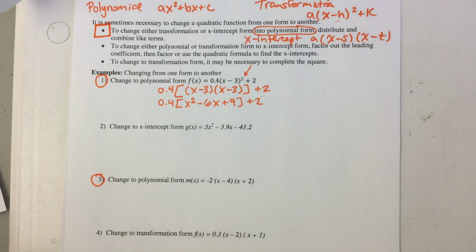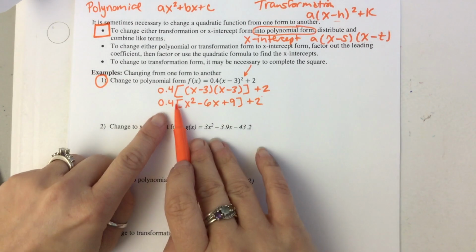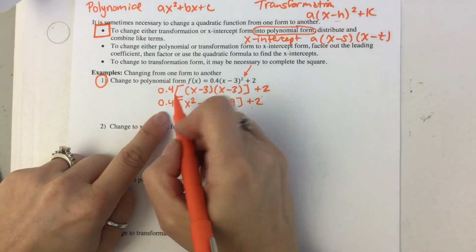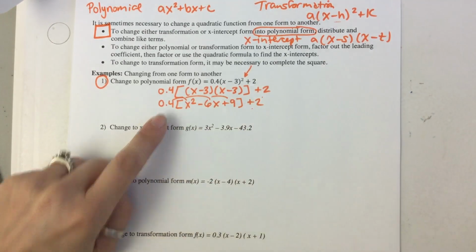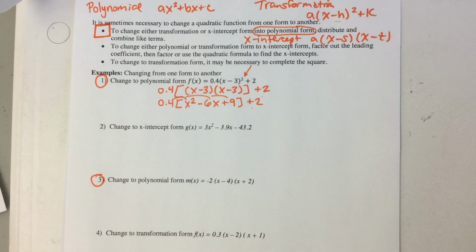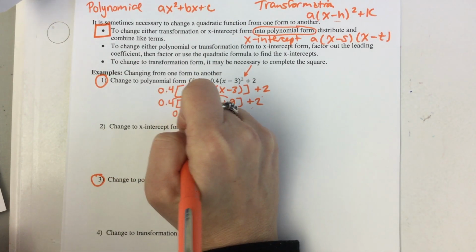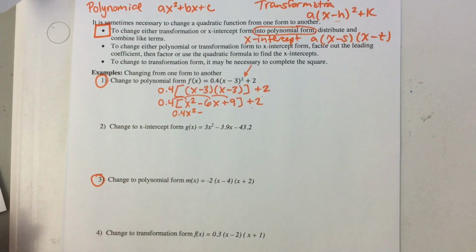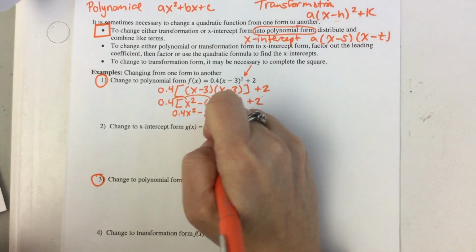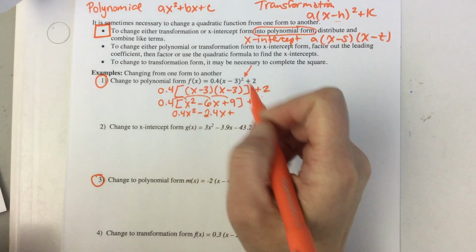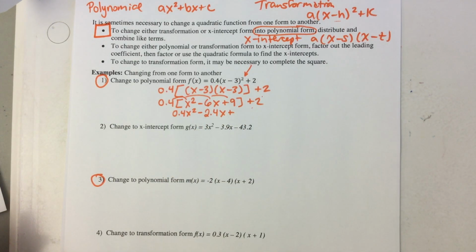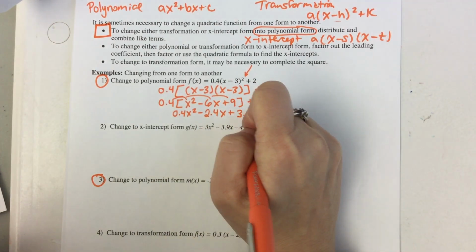Again, we are just simply following the order of operations. We multiply before we add. So I need to go ahead and distribute a decimal. I have 0.4. 0.4 times x squared is 0.4x squared, minus 0.4 times 6 is 2.4x, plus 0.4 times 9 is 3.6.